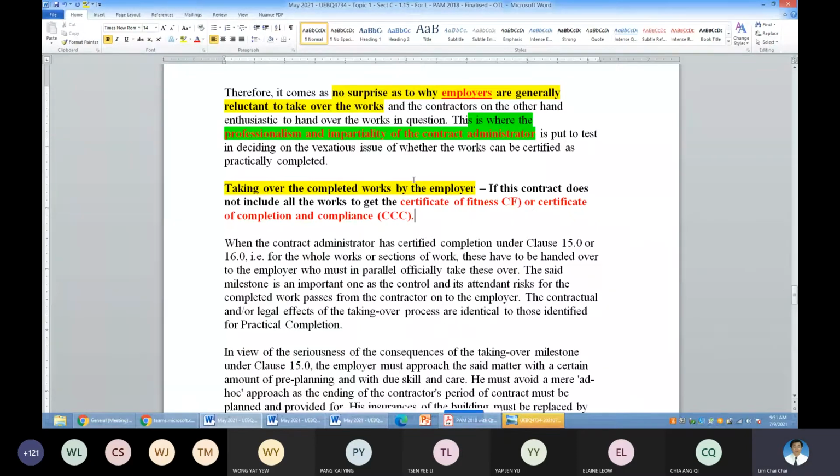And you don't blame the contractor because the contractor's work is to complete part of it only. Okay. So I did give you an example of how unfair the employer and the consultants are to the contractor. If you don't give me all the works to get your CCC, then how can the contractor be hanging at the project site until all the works to get the CCC are completed?